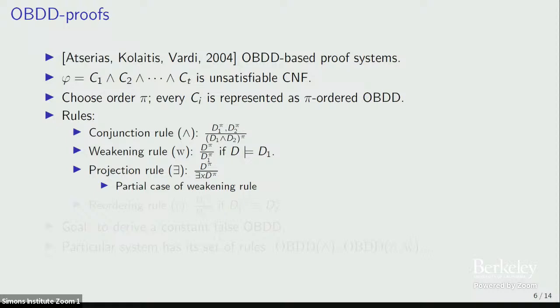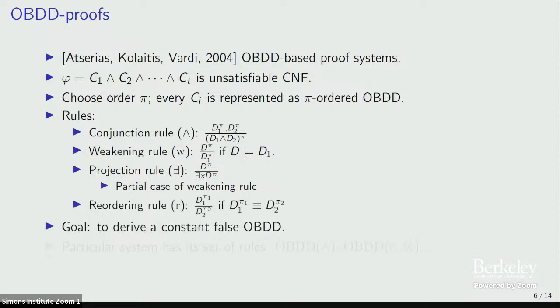If we consider only the first rule, we will get just a semantic proof system with one restriction, that all OBDDs have the same order. But this restriction looks rather artificial, and it is possible to add the reordering rule, so that we can derive the same function written in another order.